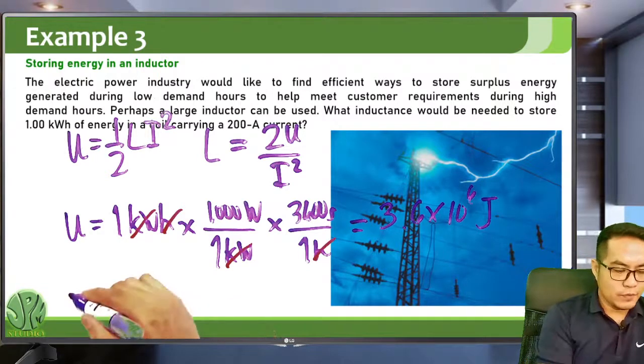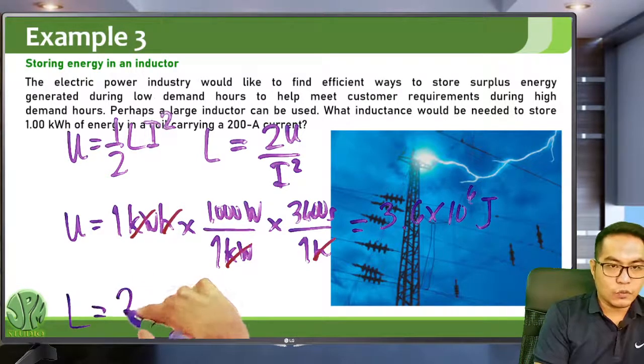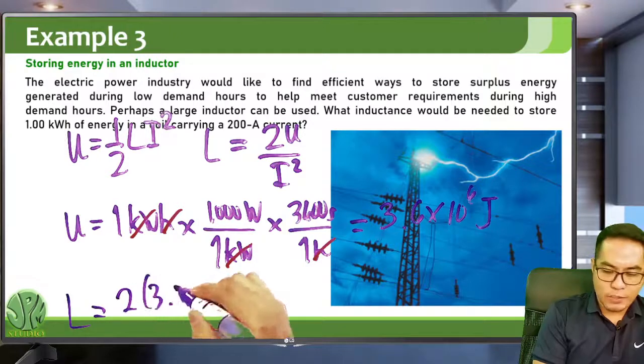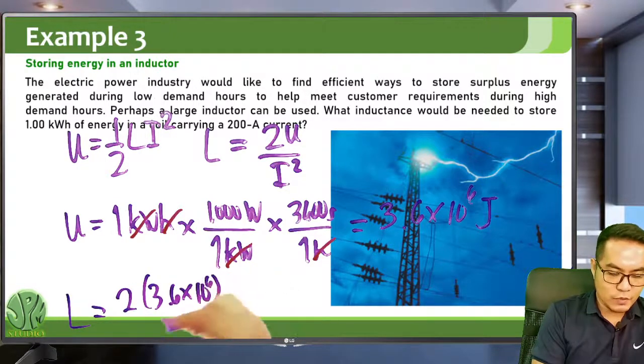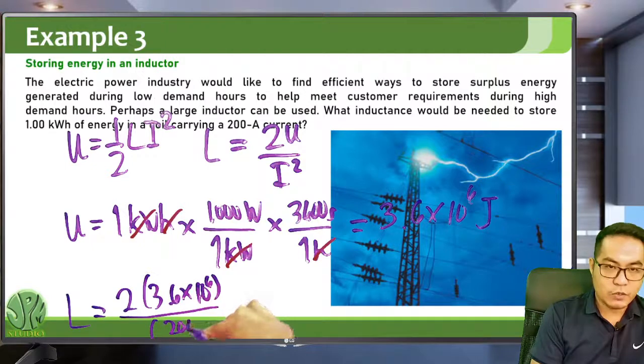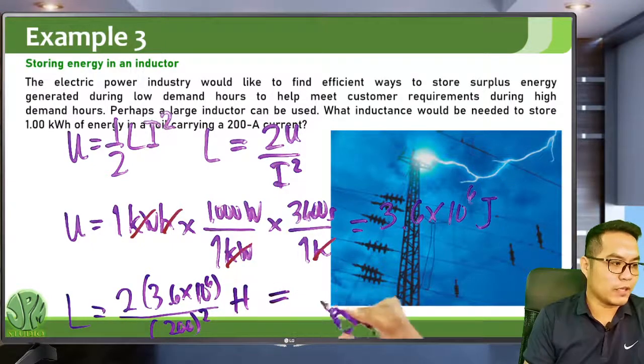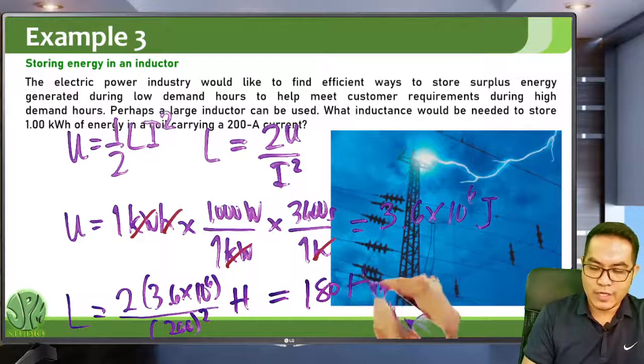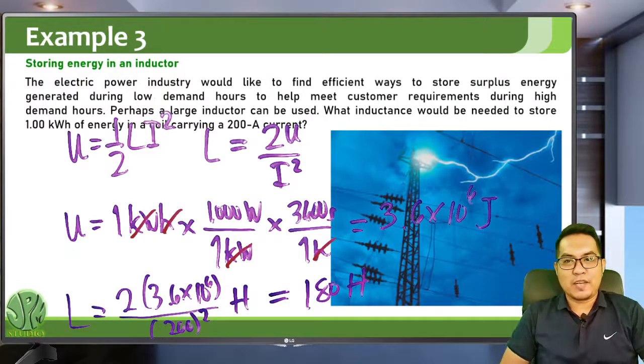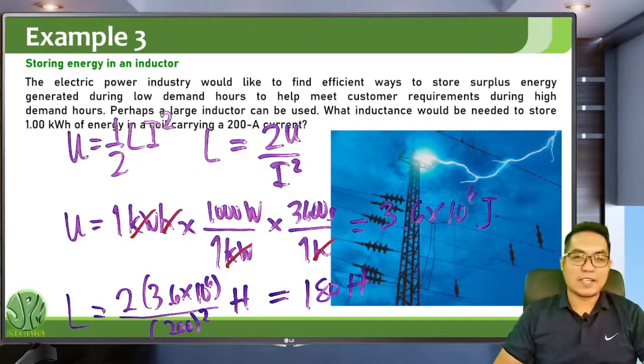So therefore, L is just equal to 2 times 3.6 times 10 to the 6 joules over current, which is 200 amperes squared. And the final unit of that is henry. And you will get a value of 180 henry. So similar to capacitance, when the value of a capacitor is already in farads, that's actually a very large capacitor.